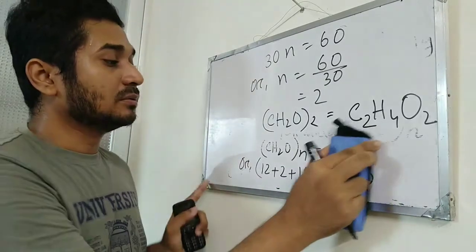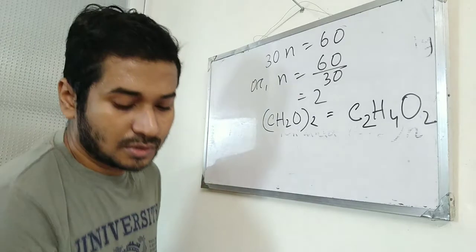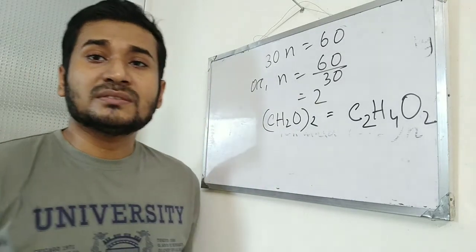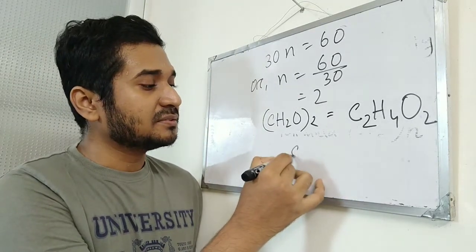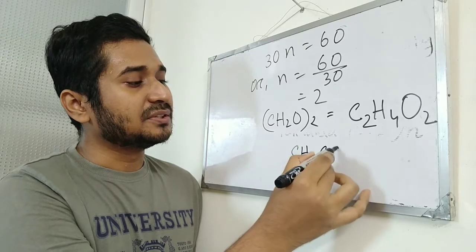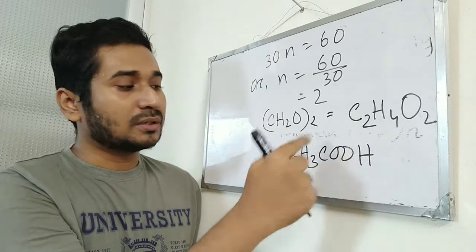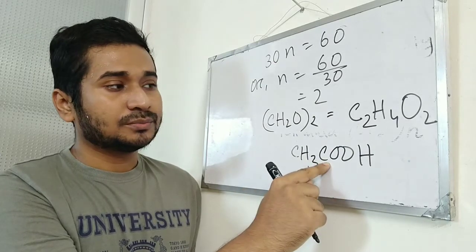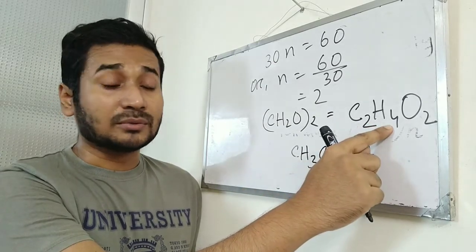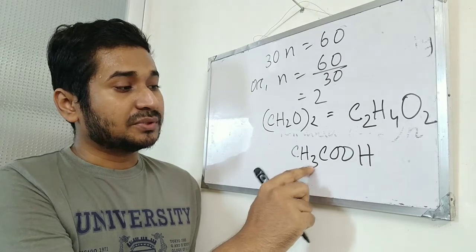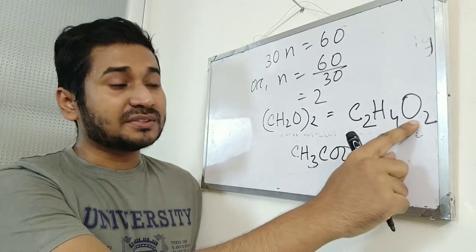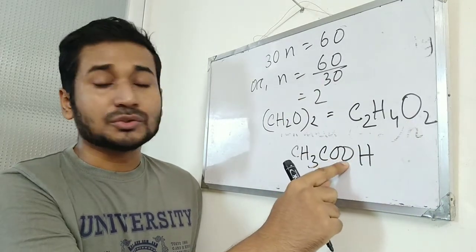Then what is this? Actually this is CH3COOH. Carbon, 2 carbons here, 1, 2. Hydrogen, 4 hydrogens, there is hydrogen 3, 1, 4. Oxygen, 2 oxygens, 1, 2.